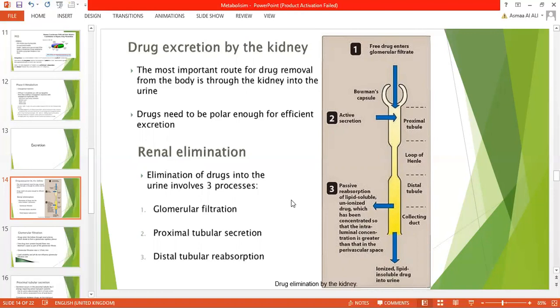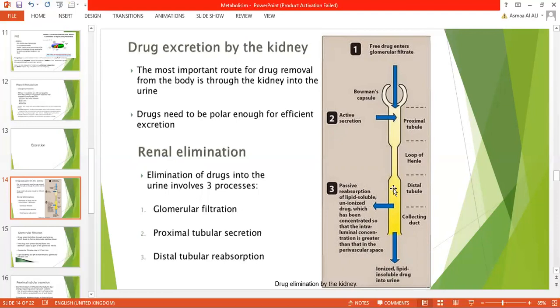into the urine involves three processes: glomerular filtration, proximal tubular secretion, and distal tubular reabsorption. And this is the glomerulus, and this is Bowman's capsule, which is a part of the glomerulus. And this is the proximal tubule.